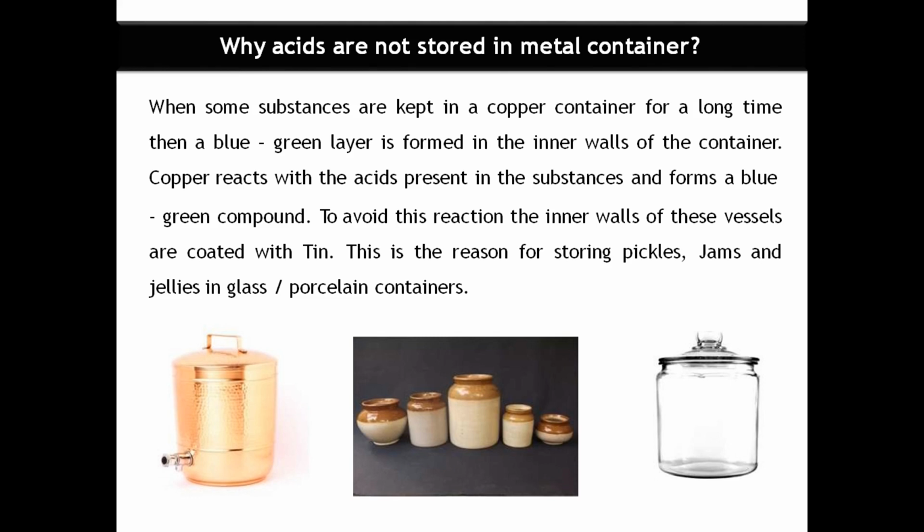Copper reacts with the acids present in the substances and forms a blue-green compound. To avoid this reaction, the inner walls of these vessels are coated with tin. This is the reason pickles, jams, jellies are preserved in glass, porcelain, and plastic containers.